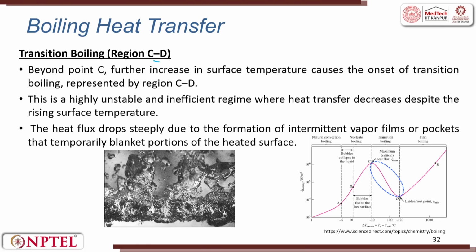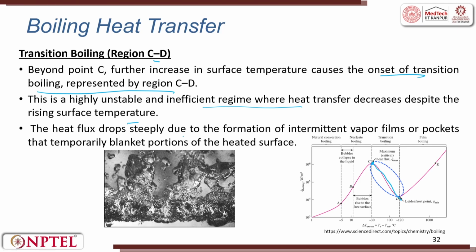Then from C to D, this is called the transition boiling. Beyond the point C, the further increase of the temperature causes the onset of transition boiling, representing the regime C to D. This is a highly unstable and inefficient region where the heat transfer decreases despite the temperature increase.